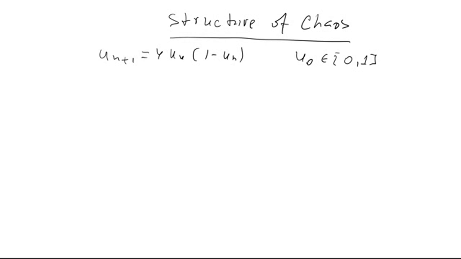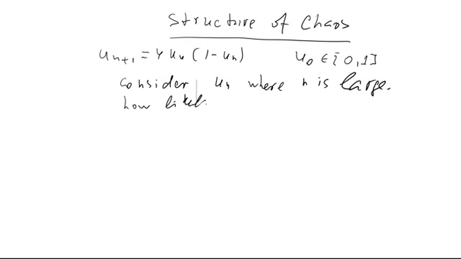And the question here is, how likely is it to have different values of Un for large enough n, where n is large? How likely is Un to have various values?